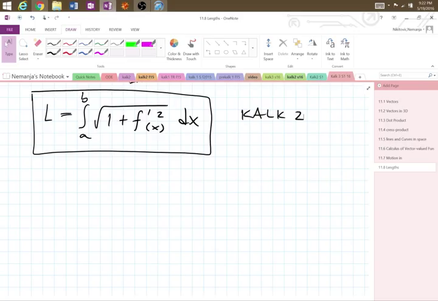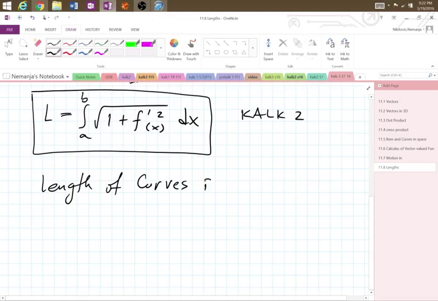Now the cheaper one of the two is going to be the parametric one. Length of curve in parametric form.